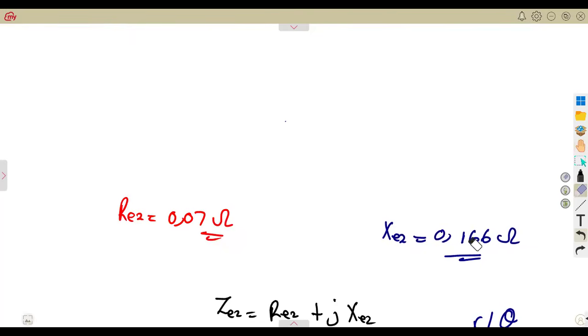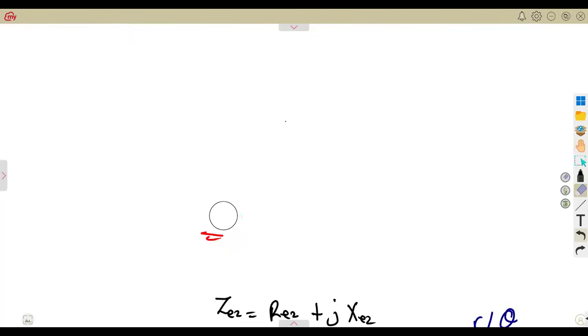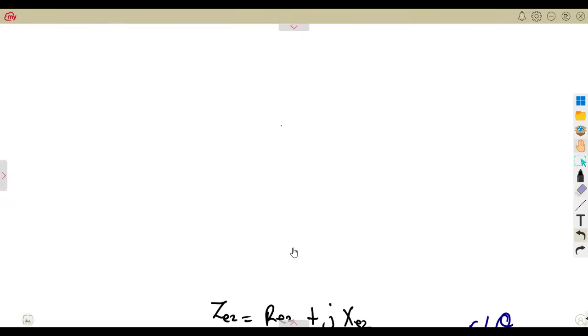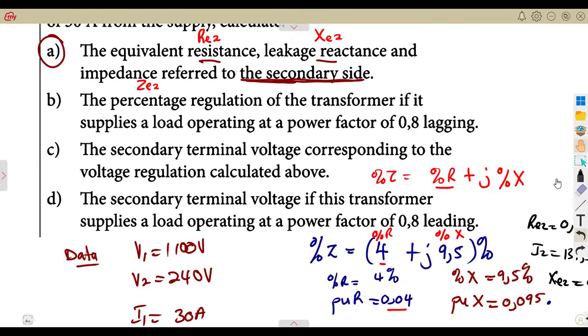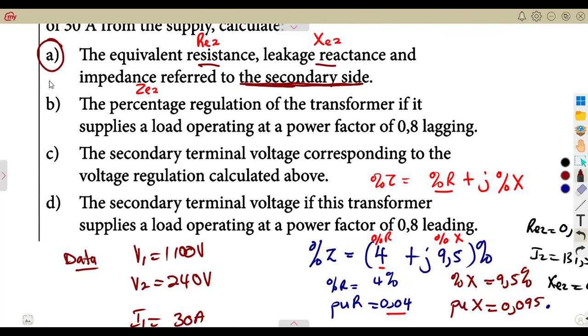You calculate using the same per unit resistance, considering what is referred to the primary side. Then from there, they want you to calculate the percentage regulation of the transformer if it supplies a load operating at a power factor of 0.8 lagging.